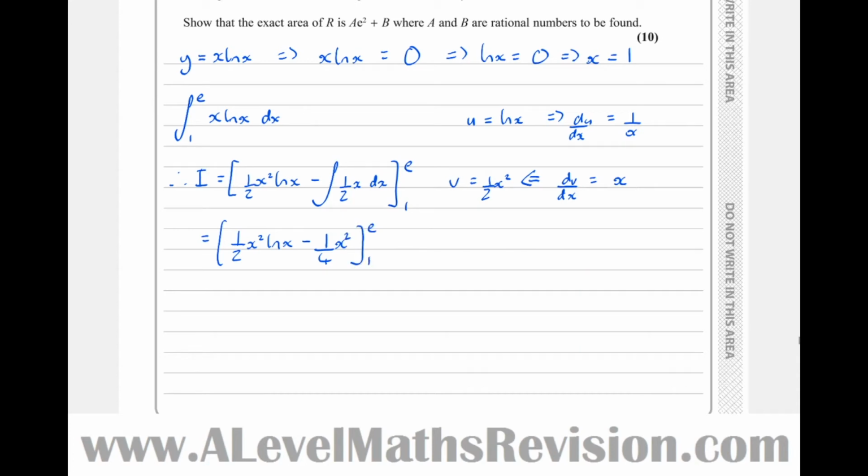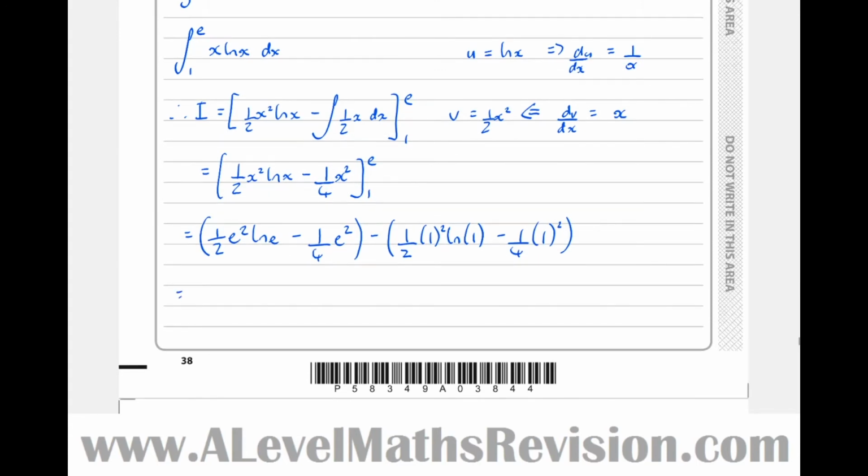Between e and 1, and then subbing the limits in, we get 1/2 e squared log e, take away 1/4 e squared, then sub 1 in and subtract that: 1/2 1 squared log 1 minus 1/4 1 squared.